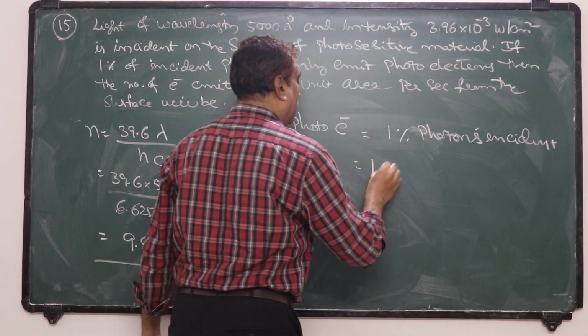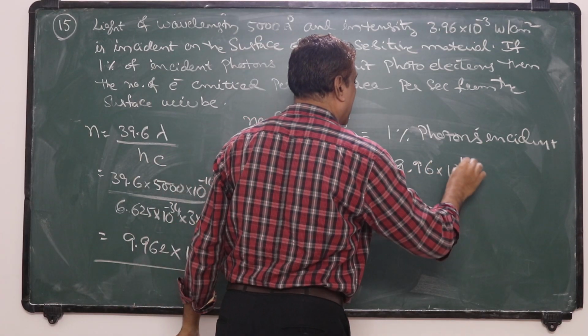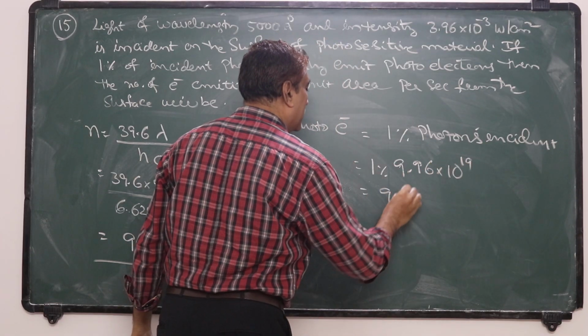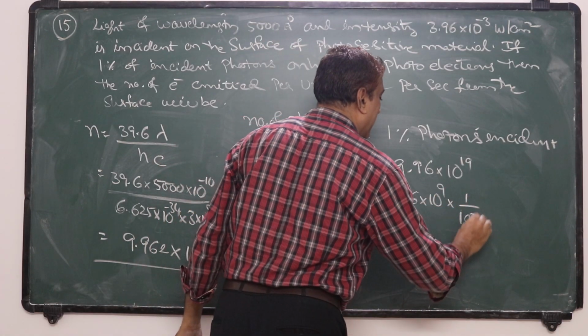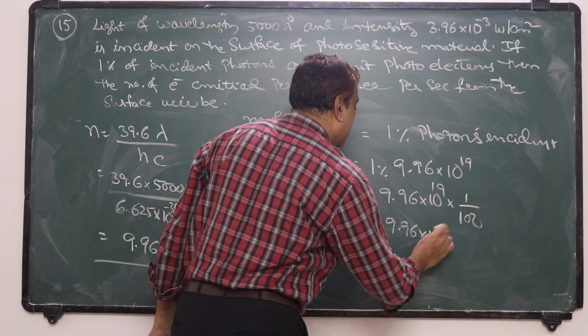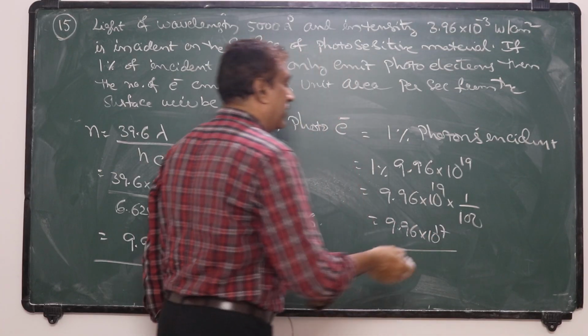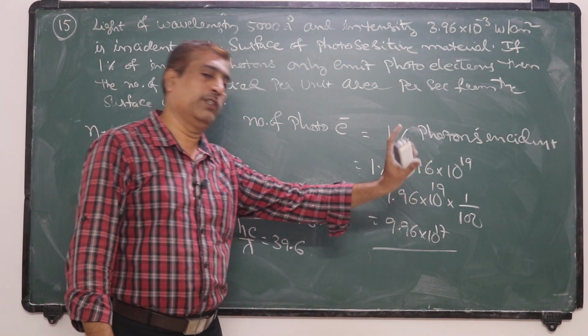So that is 1% of 9.96 into 10 to the power 19, that is 9.96 into 10 to the power 19 into 1 by 100. That is 9.96 into 10 to the power 17. So the number of photoelectrons emitted is 9.96 into 10 to the power 17.